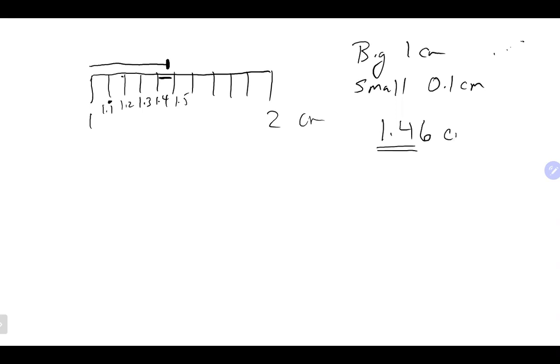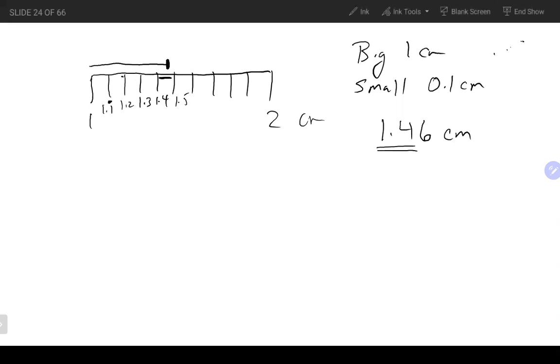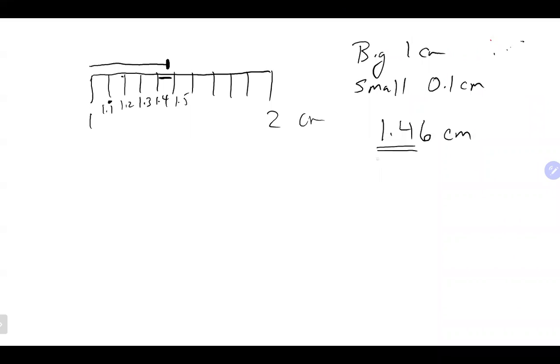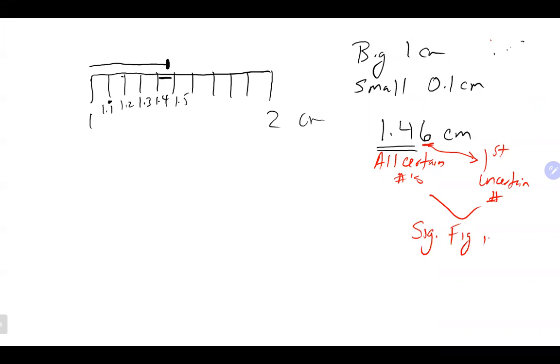And we obviously would want to include the units. As we talked about last time, when we take a measurement such as that, when we record basically all the certain numbers plus the first uncertain number, that really is what represents the significant figures in a measurement.